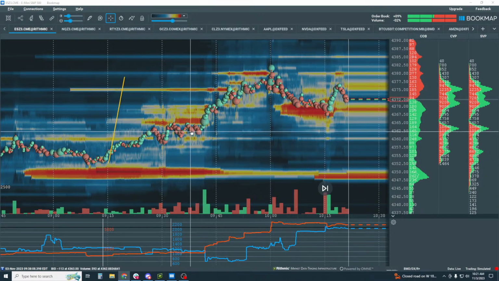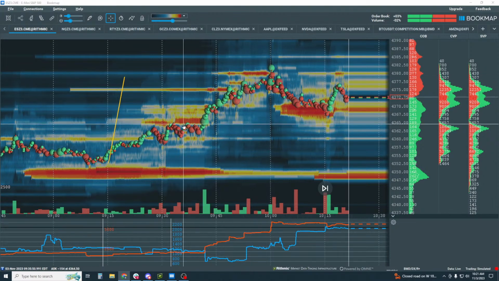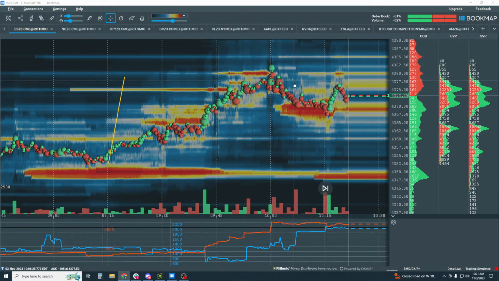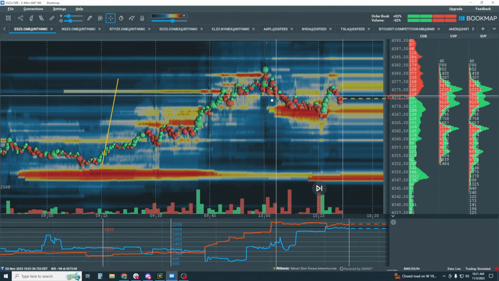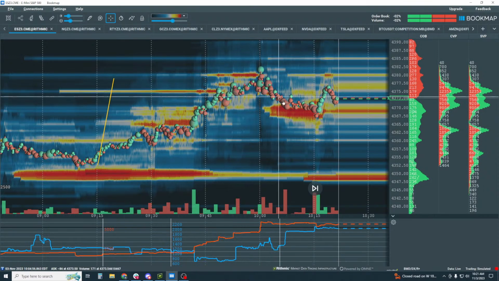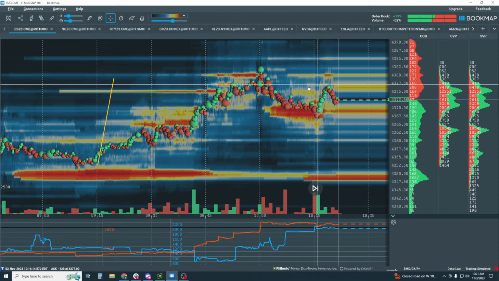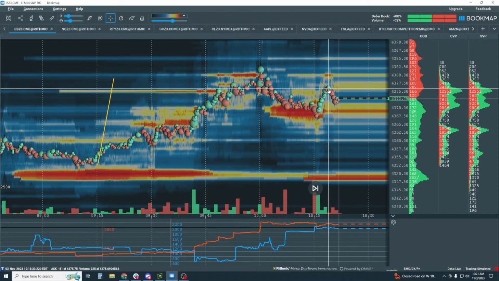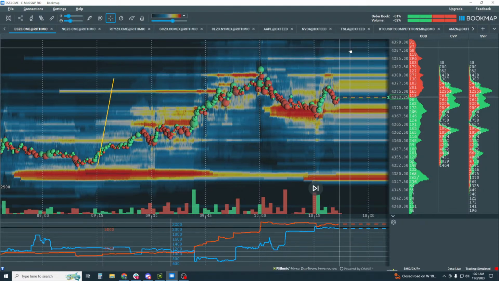However, identify some of these key elements. Now, why this isn't the flag pattern that we're looking for, as we mentioned earlier, is that this is not a low volume pullback. So we're looking for some back and forth here now. I'm not looking for more buyers to come in and lift this at this time.